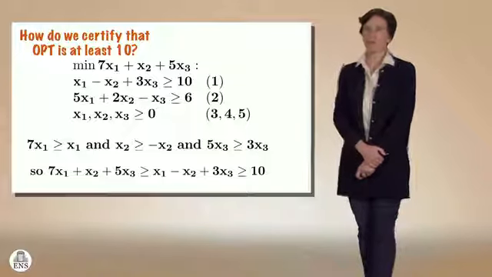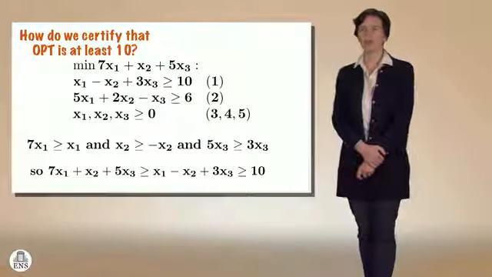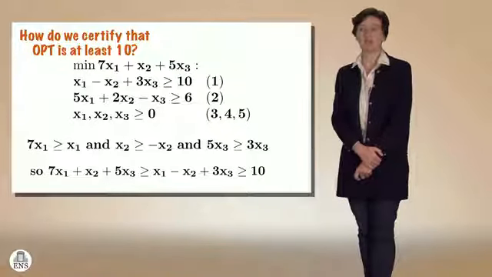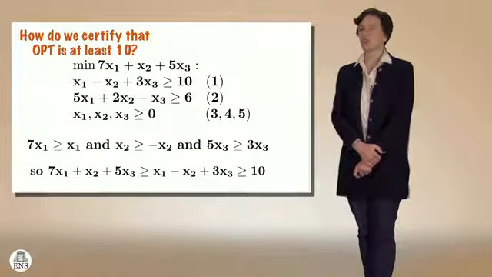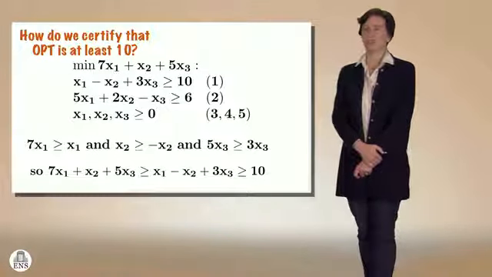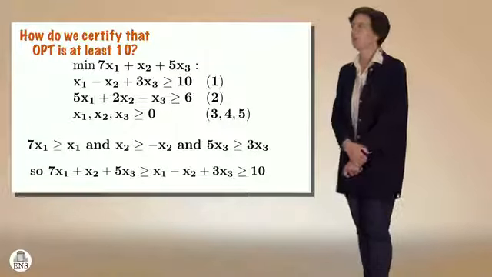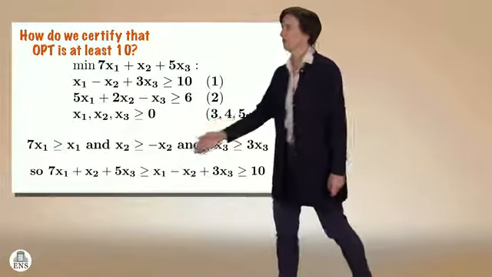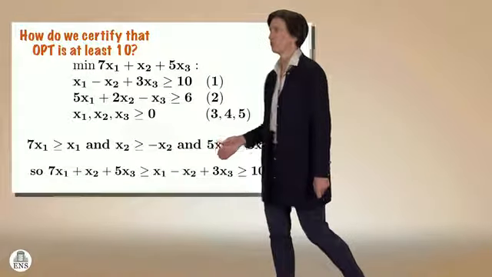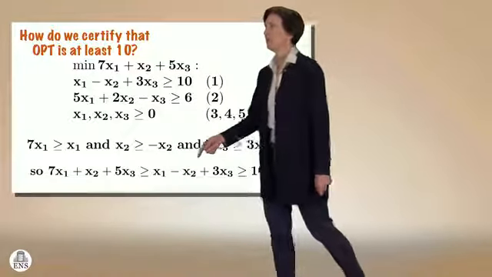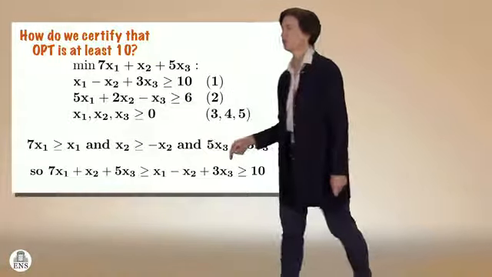So 7 greater than 1, 1 greater than minus 1, 5 greater than 3 implies that no matter what feasible x you take, its value, 7x1 plus x2 plus 5x3, will be greater than or equal to x1 minus x2 plus 3x3. But now this is exactly a constraint.